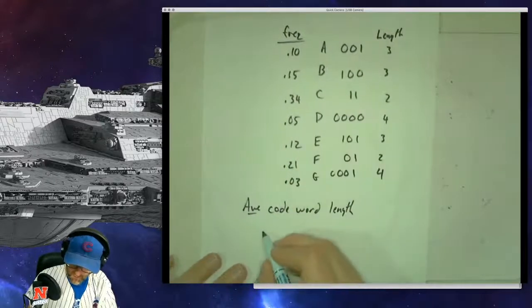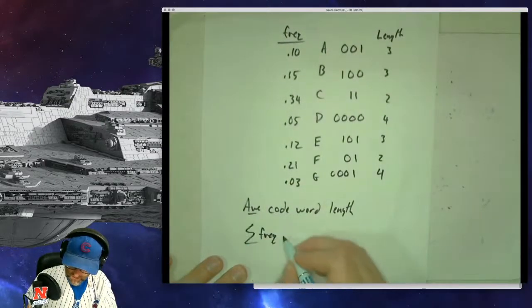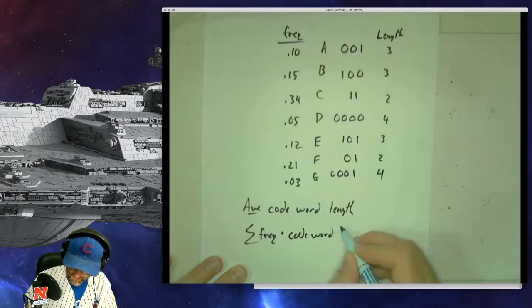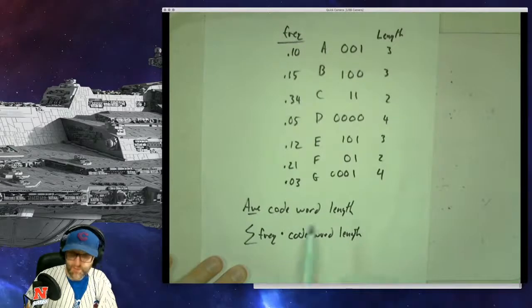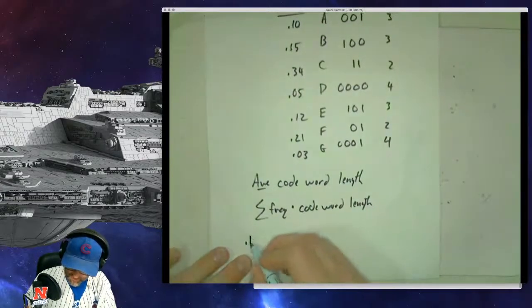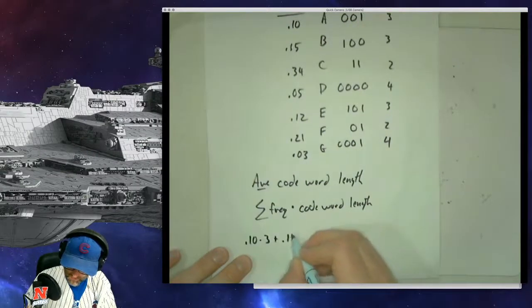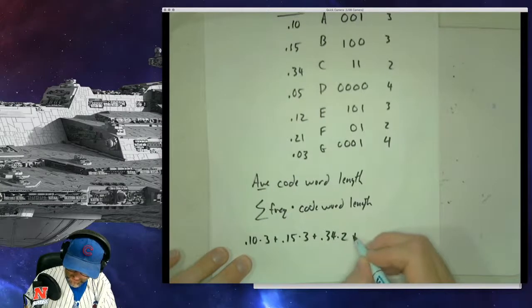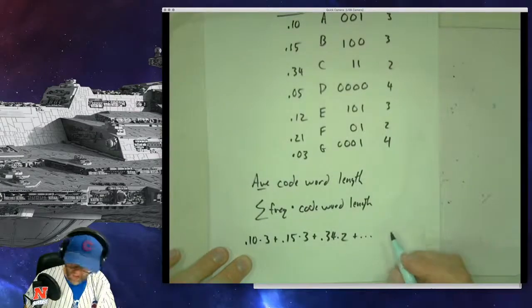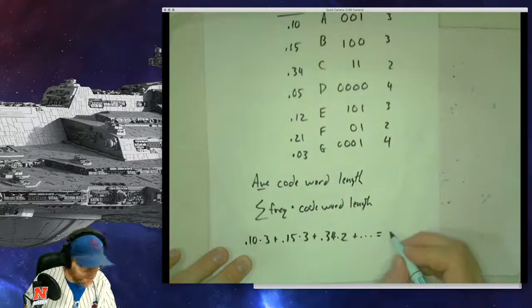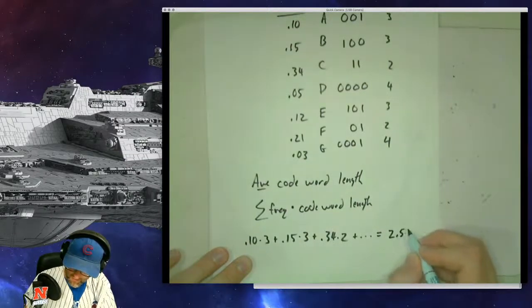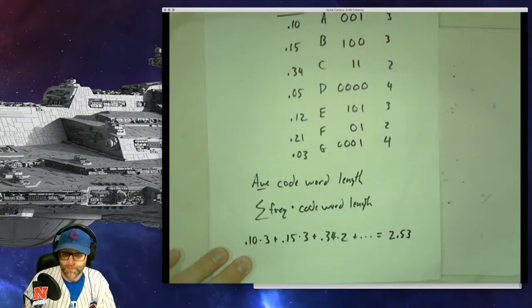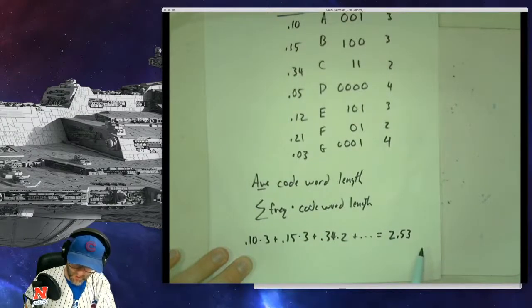So you take the sum of the frequency times the code word length, and that weighted frequency is the average. In this case, it's going to be 0.10 times 3 plus 0.15 times 3 plus 0.34 times 2 plus... And I won't belabor the basic mathematics here. I'll just give it to you: 2.53. That's the average code word length.